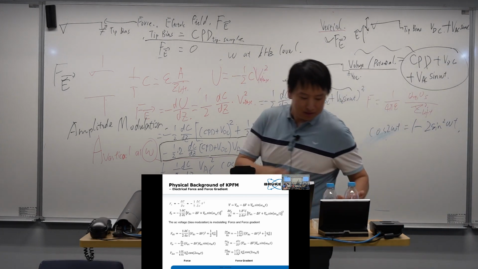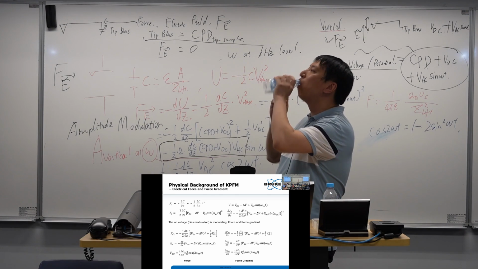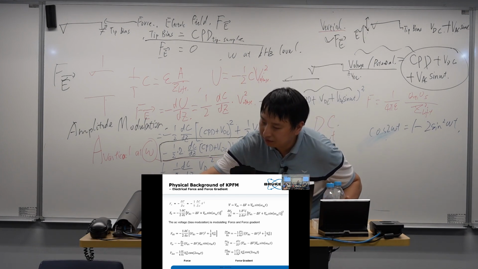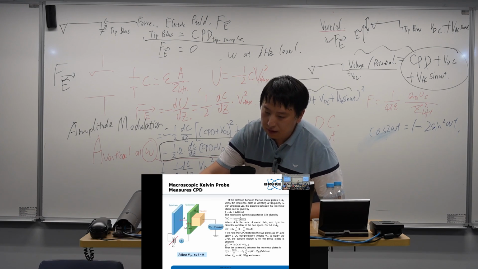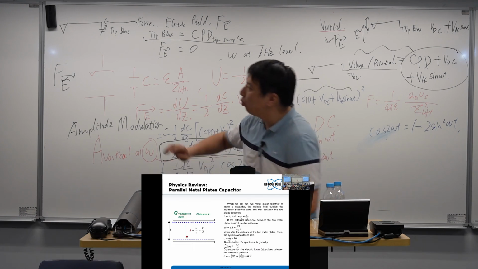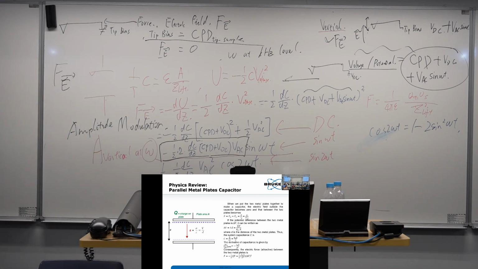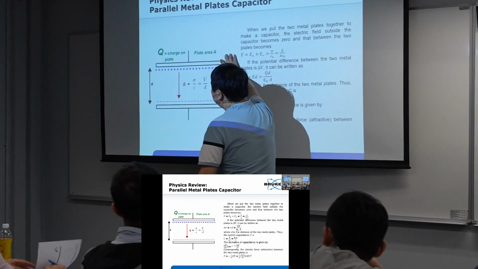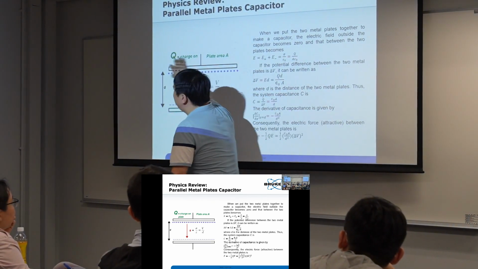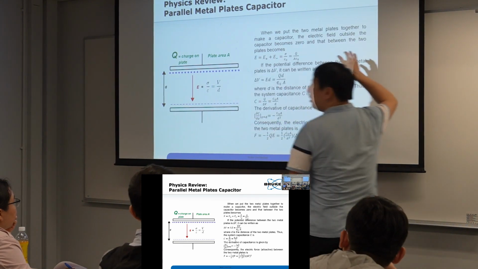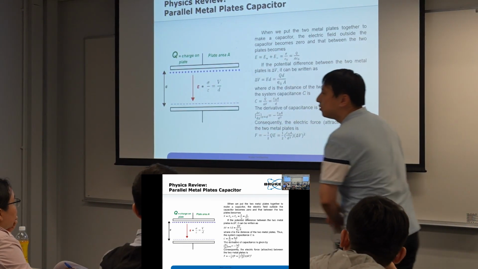Okay, so let's make a review. The idea here is we want to get the potential difference between the tip and the sample. We apply voltage on the tip. If the voltage of the tip is the same as the potential difference, then the tip will not sense any electric field force.